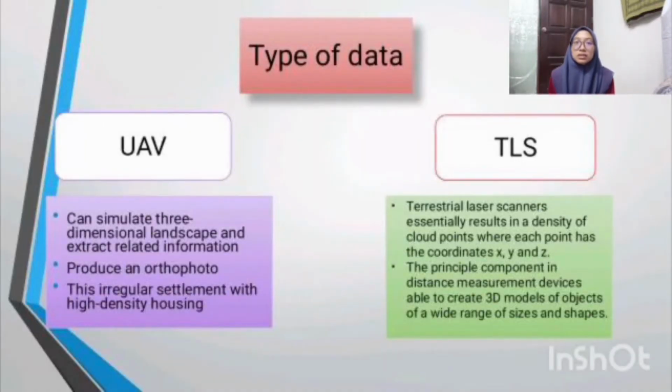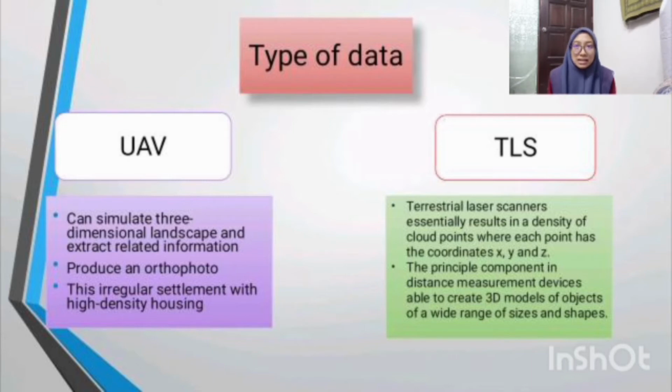Type of data that we collected from UAV and TLS. From UAV, number 1, we can simulate three-dimensional landscape and extract related information or data. Number 2 is produce an orthophoto. Number 3 is irregular settlement with high density housing.